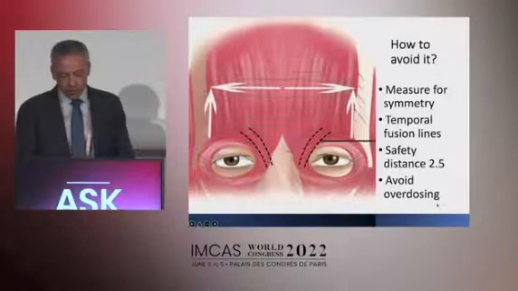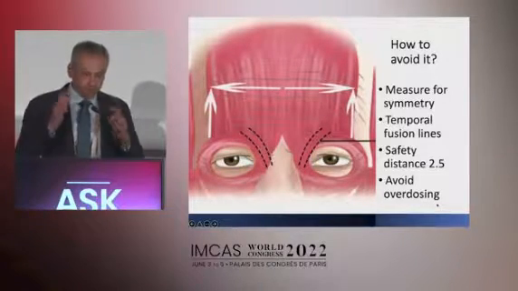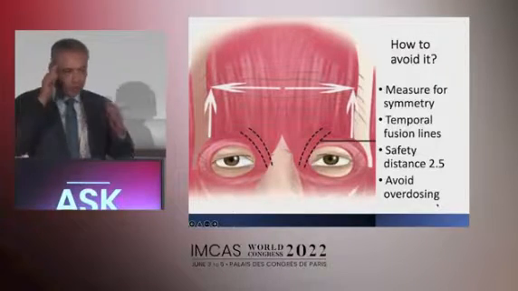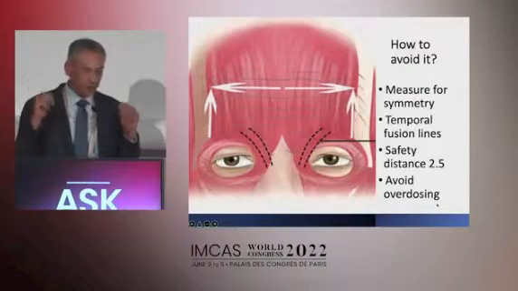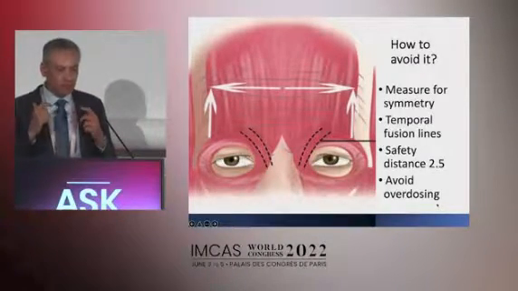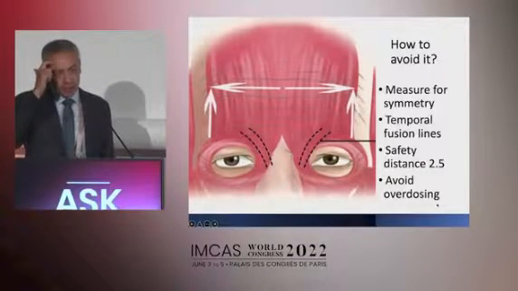To avoid it, we need to measure the full forehead and inject from temporal fusion line to temporal fusion line, making sure we're getting the full frontalis if we don't want a lateral eyebrow elevation. And we keep a safety distance by measuring the distance from our injection points to the eyebrow.